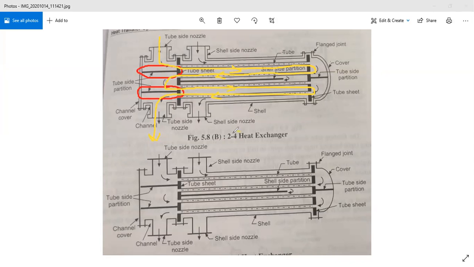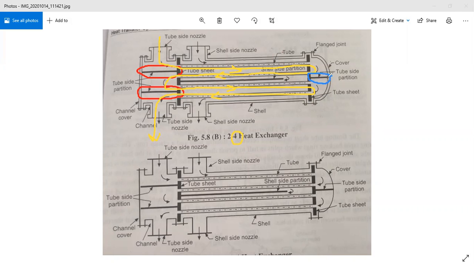So there are four passes as far as this tube side fluid is concerned, right? And if you observe the shell side fluid passes, for the shell side fluid also there is a pass partition arrangement on the channel cover or the hemispherical head cover, which is on the right hand side of this diagram.